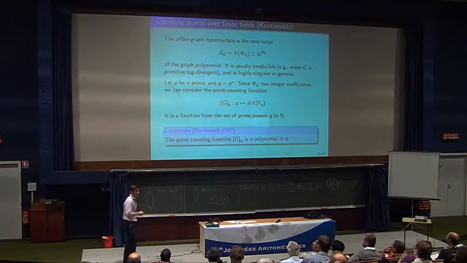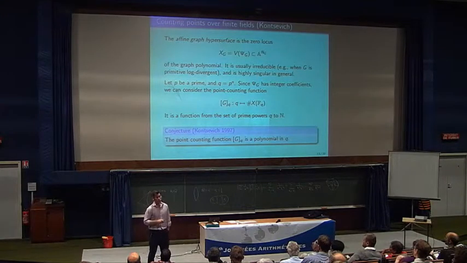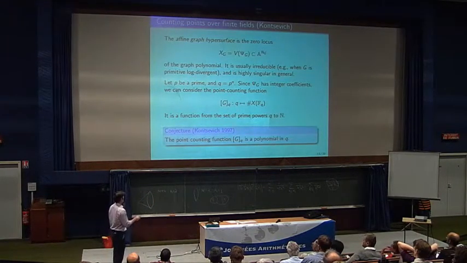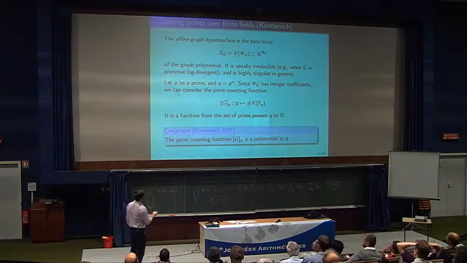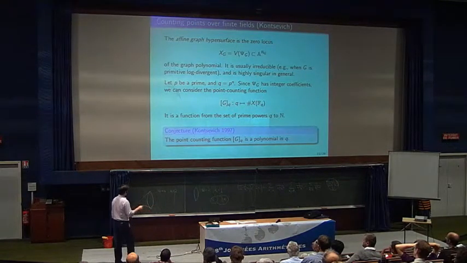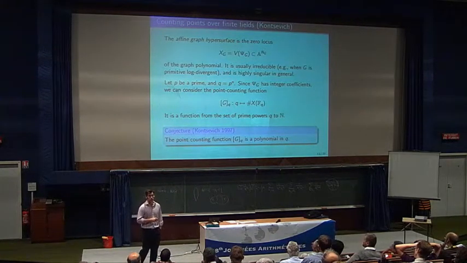So very concretely, you just count the number of solutions to the equation psi equals 0 over the finite field F_q. And that gives you a number. So we get a function from prime powers q to integers. And in 1997, Kontsevich conjectured that the point counting function is always a polynomial in q.